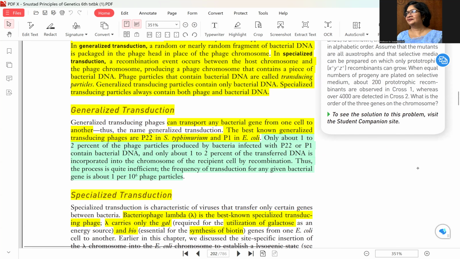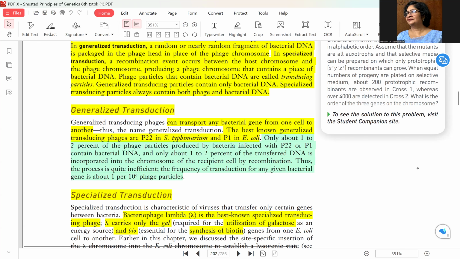It produces many copies of the viral DNA, many copies of the viral head and tail, and eventually it lyses the bacterial cell after it has formed complete virus particles using those DNAs that it replicated, those virus heads and tails that it produced inside the host cell, using all the resources of the host cell. This is known as the lytic cycle because the bacterial host cell lyses after infection by the virus.